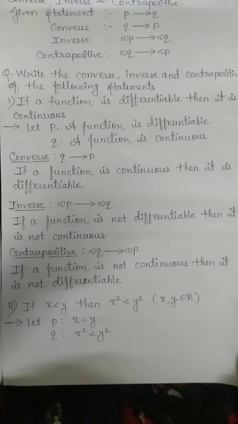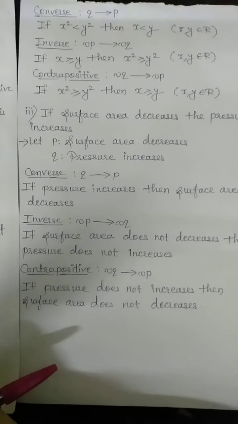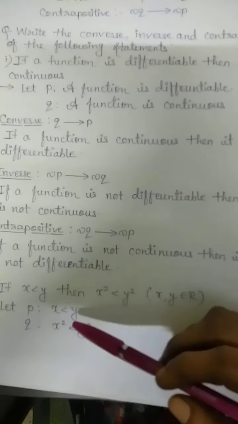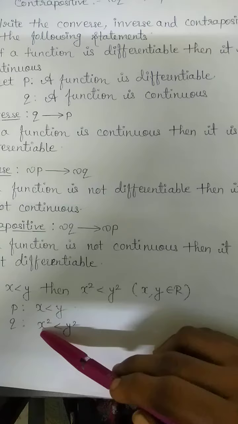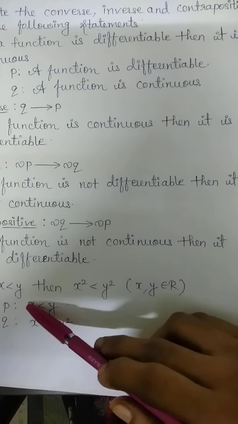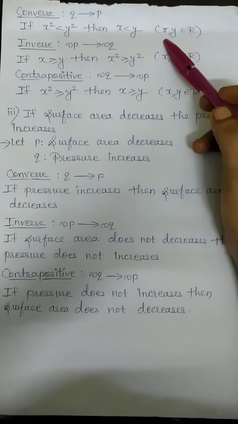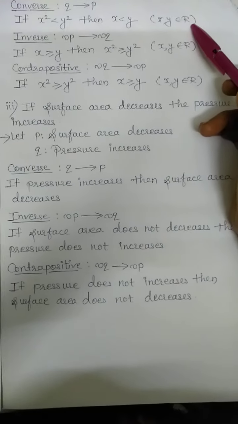Now we will write the converse. We know that converse is given by Q implies P. So first we will write Q: if x square is strictly less than y square then x is strictly less than y, and x and y belong to real numbers.